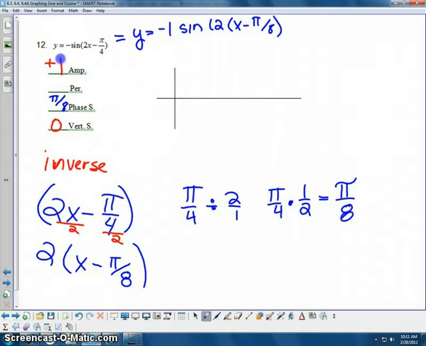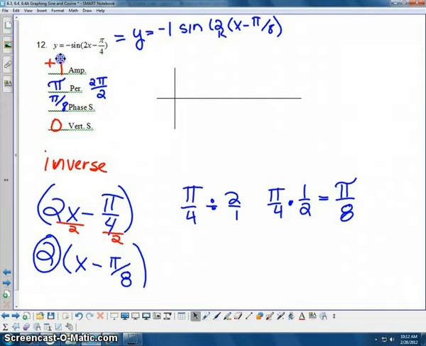Opposite on the inside of our parentheses. So our left-right shifts are in oppositeville. Our period, now our coefficient here, our k, is 2. So for the period, we need to say what is 2 pi divided by 2. So our period would be pi.